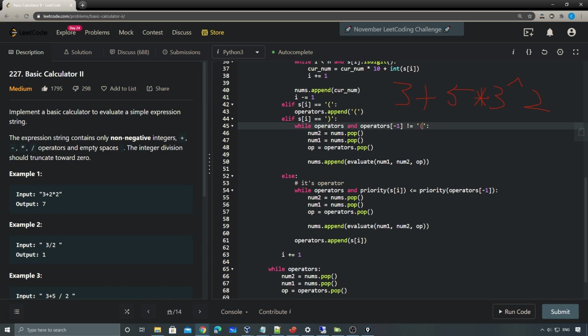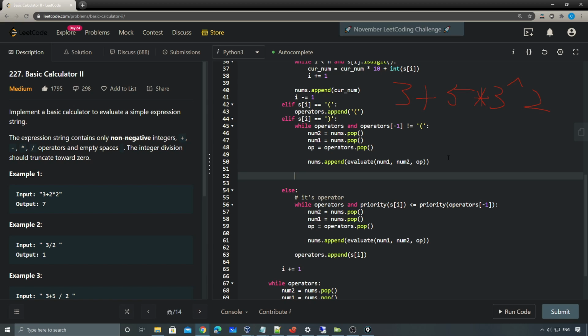We keep doing this until we have seen a left parenthesis. Then we know that's when we should stop, right? And after this while loop, don't forget to pop this left parenthesis out. It's going to be another operators dot pop.